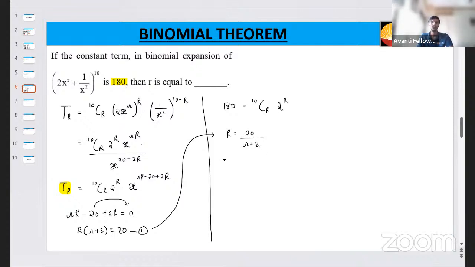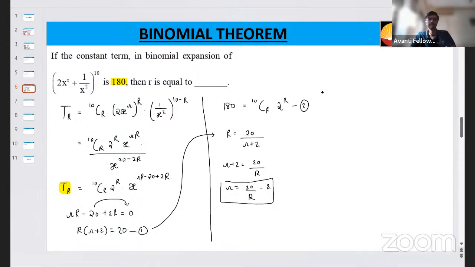Or vice versa, r plus 2 is equal to 20 upon r. So r will be equal to 20 upon capital R minus 2. Now, this is equation number 2.